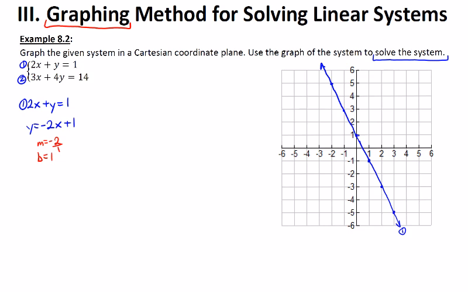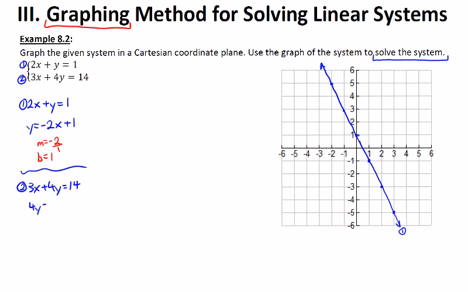Alright, equation number 2, we'll go there next. That is 3x plus 4y is equal to 14. Again, with the experience from section 6, this should be linear, but let's go ahead and verify by getting it into the mx plus b form.